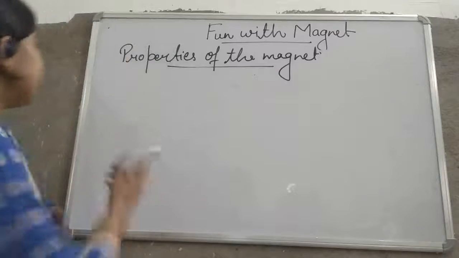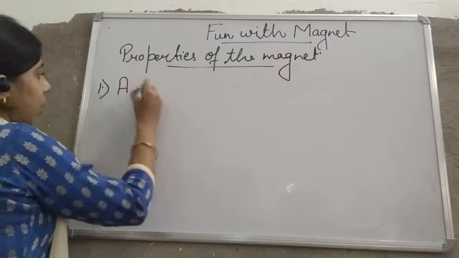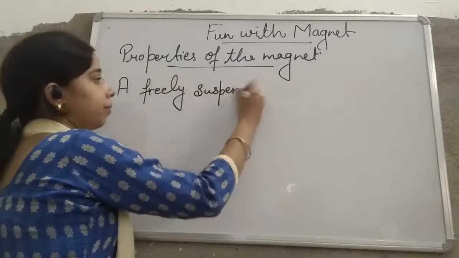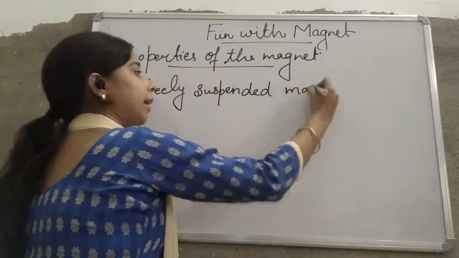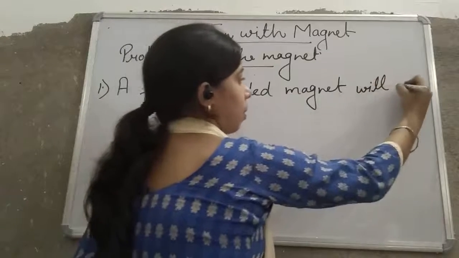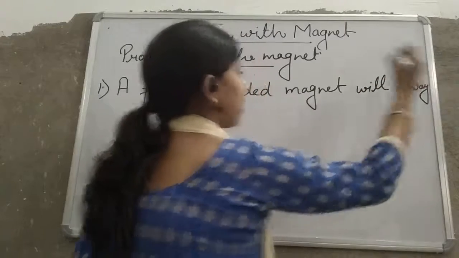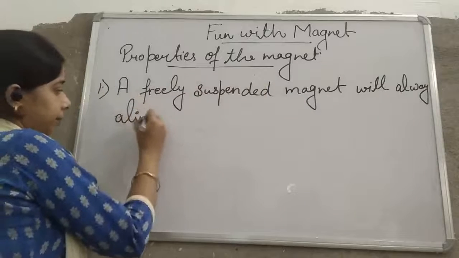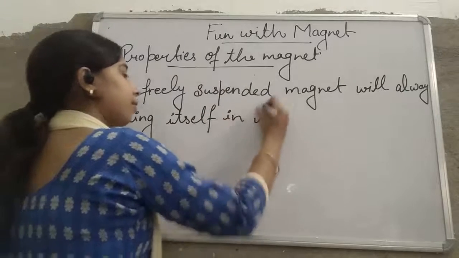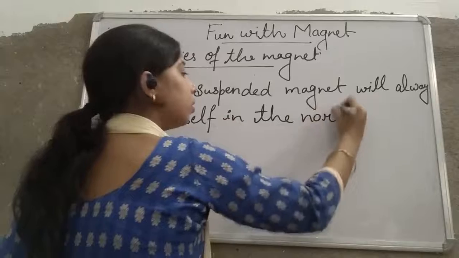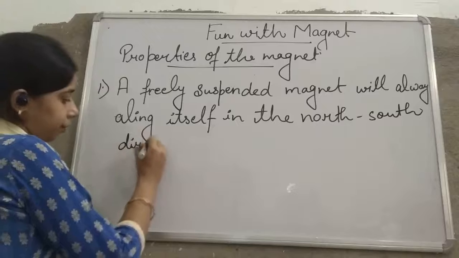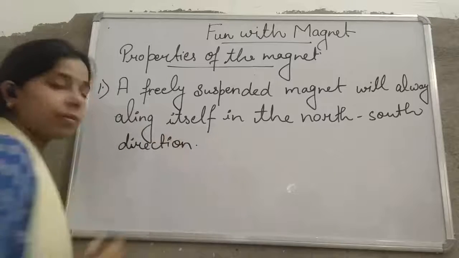Okay, so we will write here the first property: a freely suspended magnet will always align itself in the north-south direction.